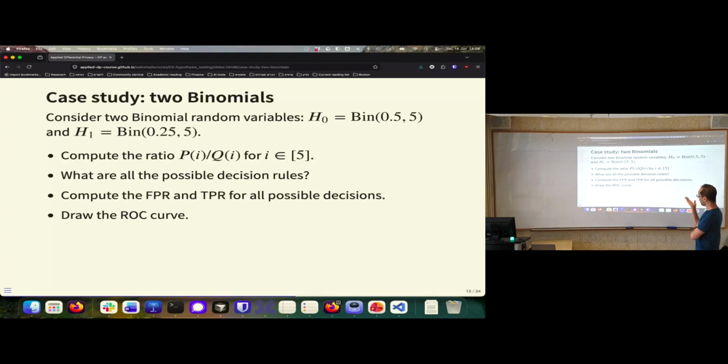Each one of them has some probability under 1 and under 2. P and Q here, because it's symmetric, choose one of them to be the top one. Let's say, for simplicity, H1 is the top one, is the P. So we compute the probability ratio and then the log probability ratio for each of the 5.